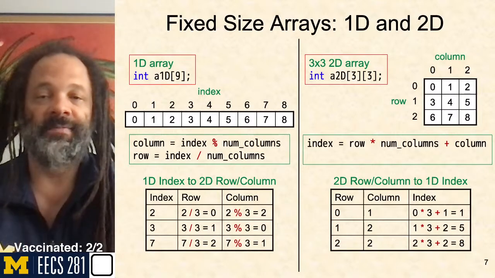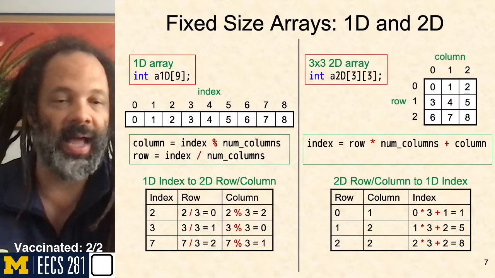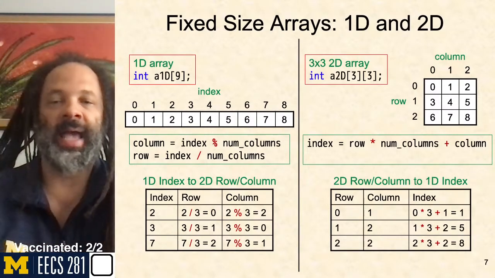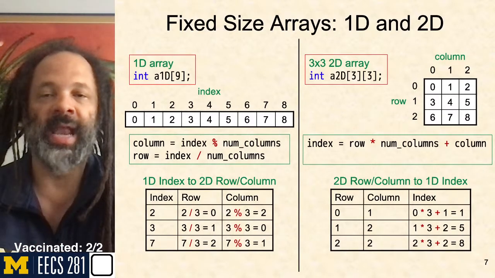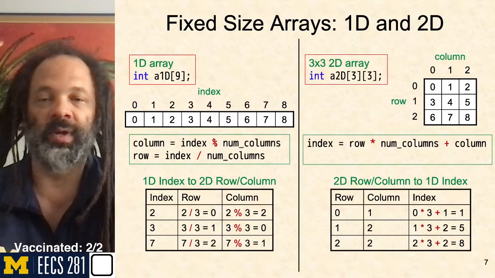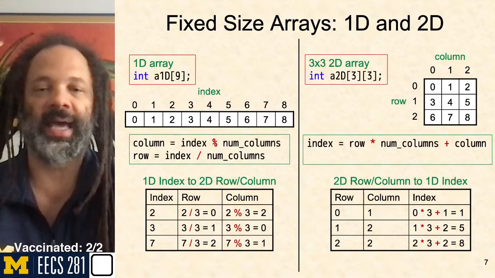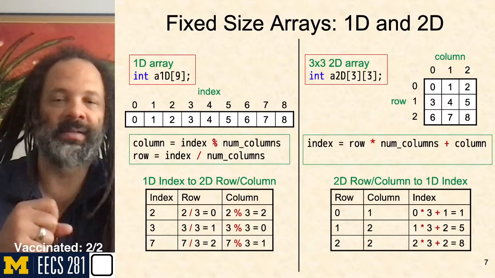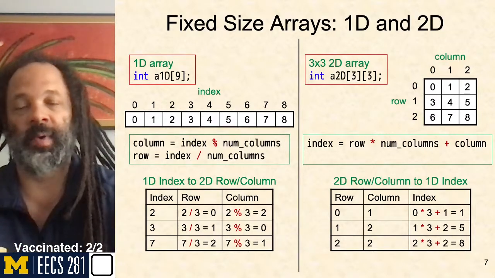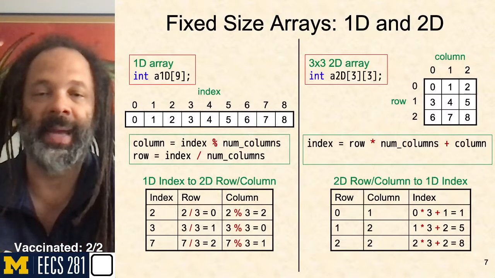If I were to think of this 1D array as really a 3x3 array, I could do that. What I would have to do is some additional math to think of this 9-item array as really 3 sets of 3. All I have to do is divide that up by 3s, or take my division and remainder operator, that's the modulus operator, because remember, the modulus operator just performs division, but instead of returning the quotient, it returns the remainder.